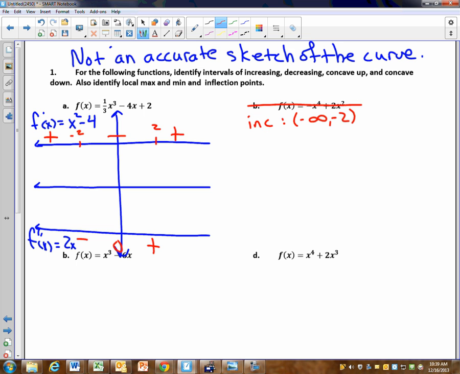The first derivative is positive from negative infinity to negative 2. The first derivative is also positive from 2 to infinity. Yep. Increasing and decreasing are always first derivative stuff. Decreasing: negative 2 to 2.